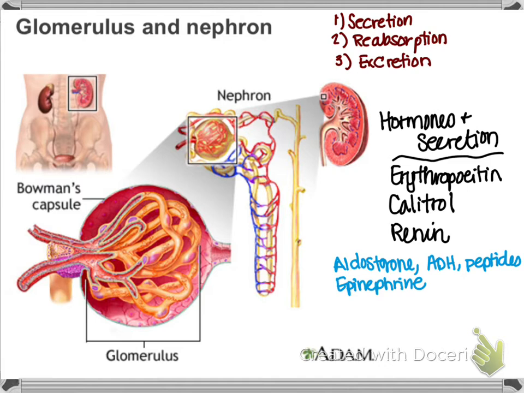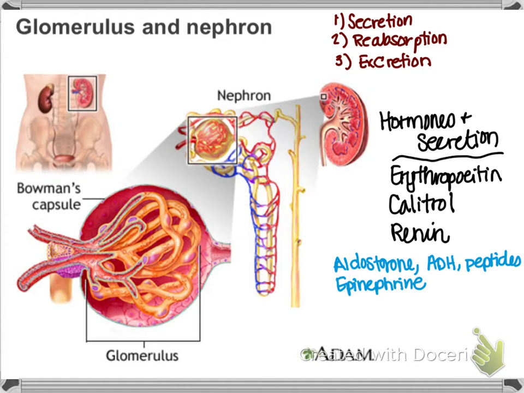And then we've got epinephrine. Epinephrine is basically, remember, your fight or flight. Say your fight or flight kicks in, it causes your arterioles to constrict, so therefore you'll get decreased urine production. And it also activates the RAS system, renin, to shunt the blood to all your vital organs, right?